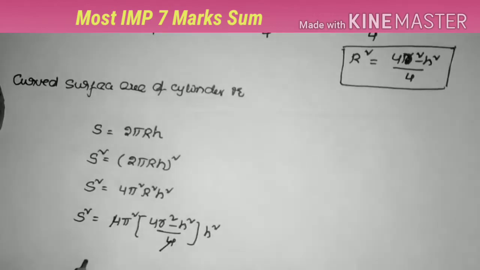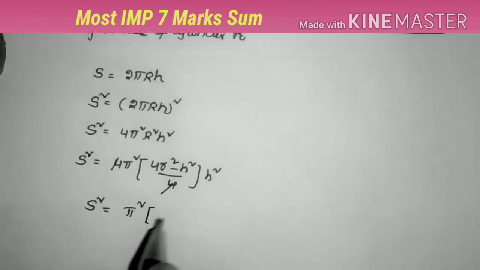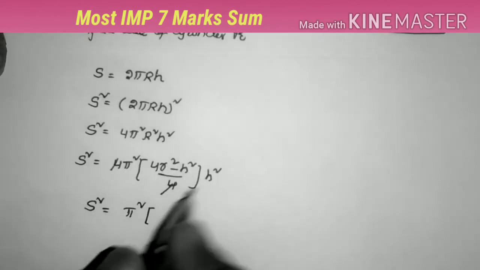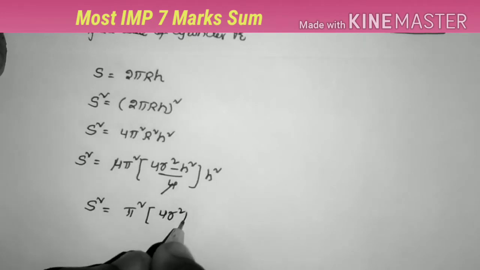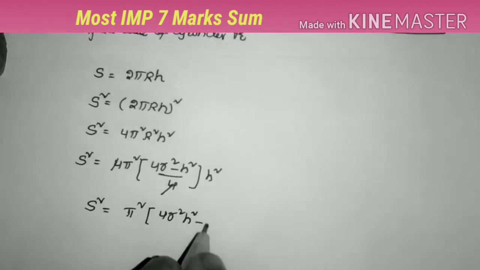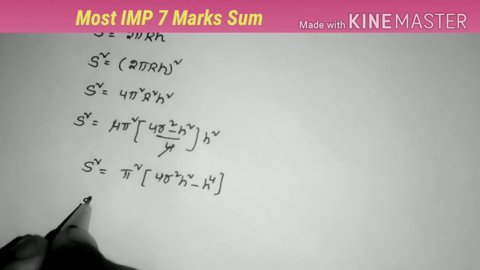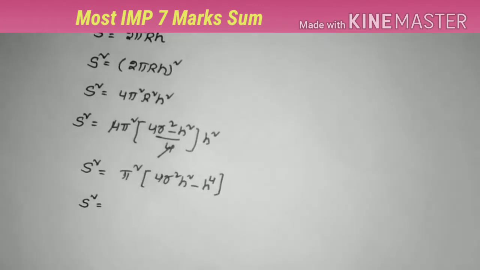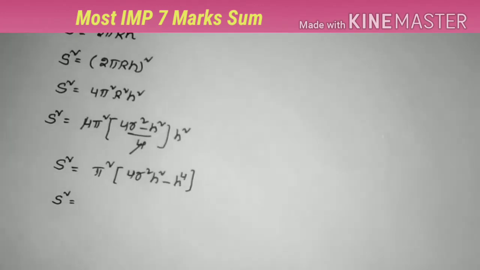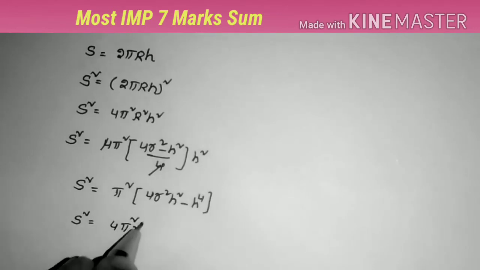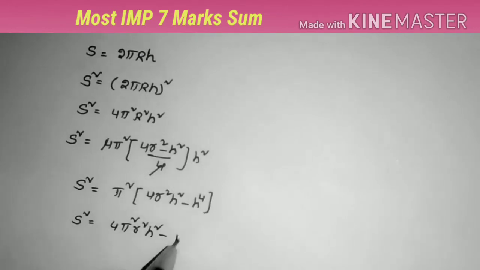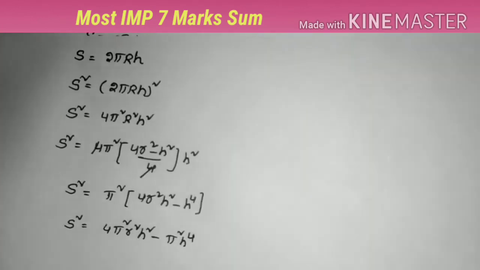Here 4 and 4 get cancelled, so S square is equal to pi square into 4r square h square minus h power 4, that is, 4 pi square r square h square minus pi square h power 4. So this is the value of S square.